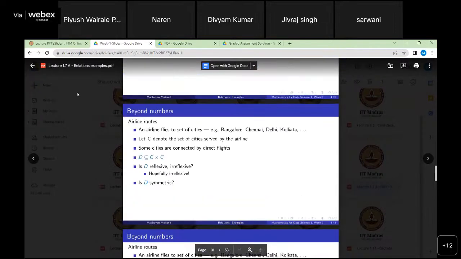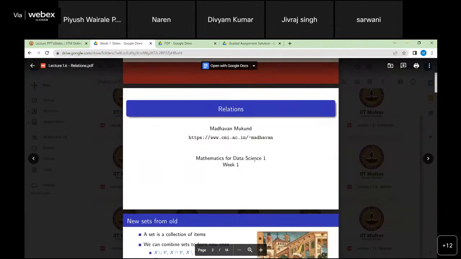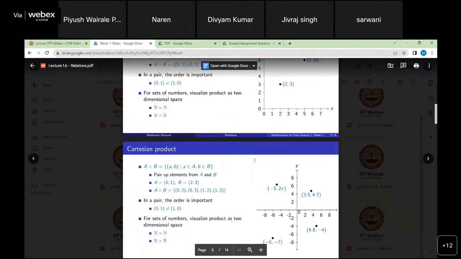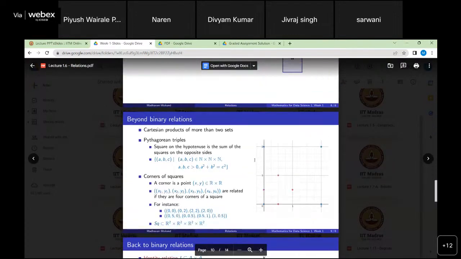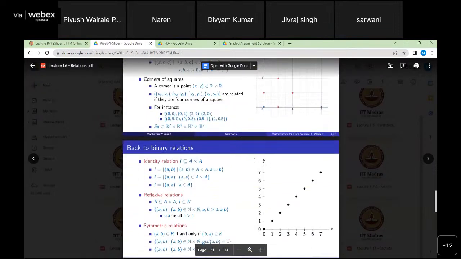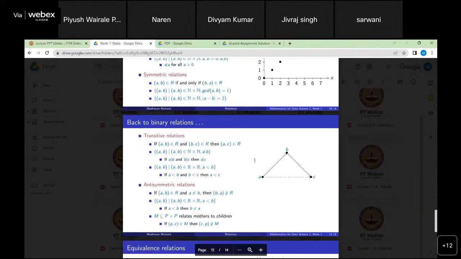Reflexive. I guess we have set examples of relations. Yes, sir. Yeah. Symmetric, transitive relation here you can see, right? Reflexive, see, sir, for all.